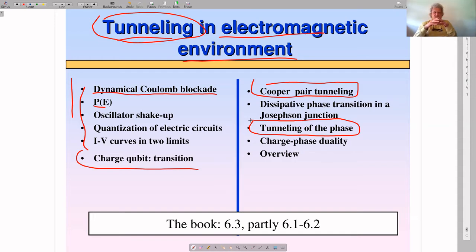And we can describe all these phenomena on an equal footing using the concept of electromagnetic environment. So this is the plan for today.